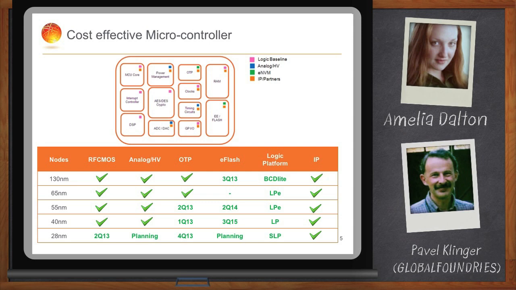Great. Now embedded flash, which is a very critical component of the technology enabling microcontroller, is going to be available at 130 nanometer node this year, at 55 nanometer node next year, and at 40 nanometer node the year after, which is 2015.